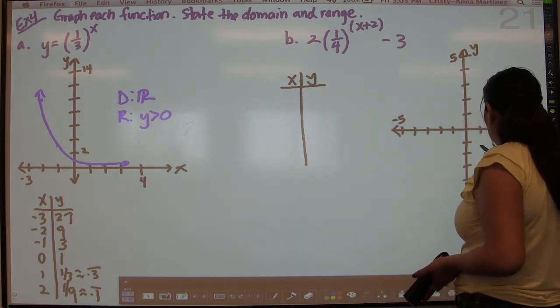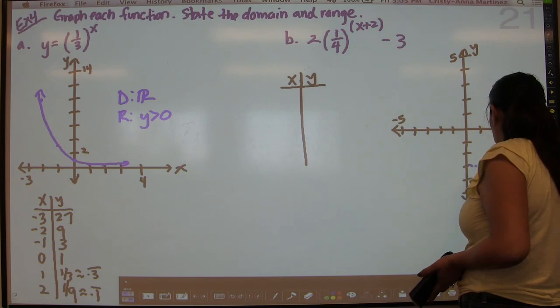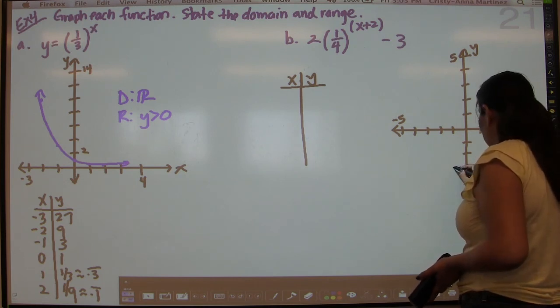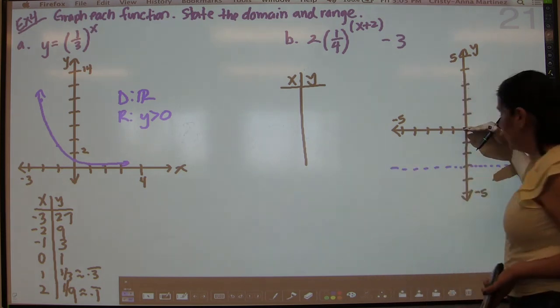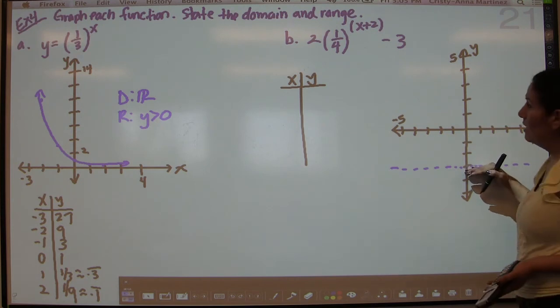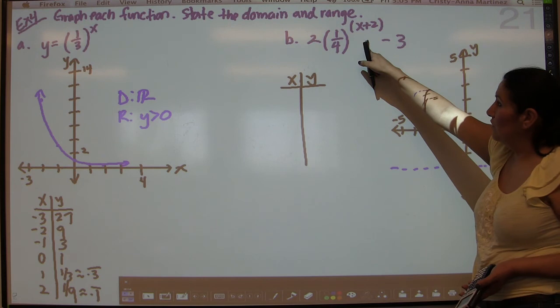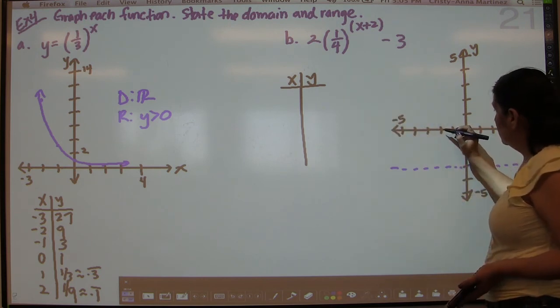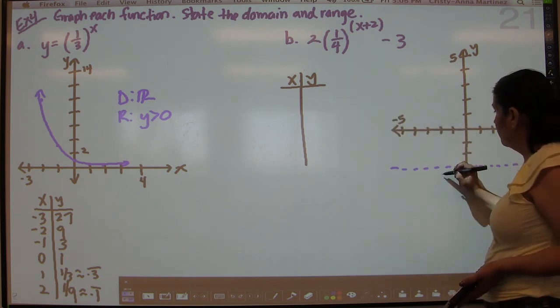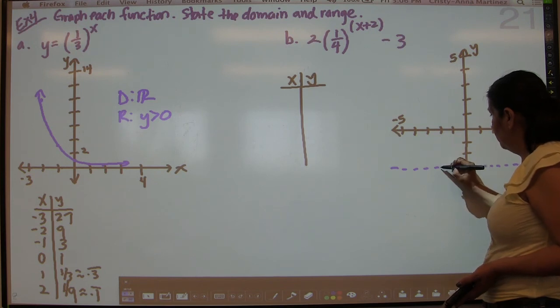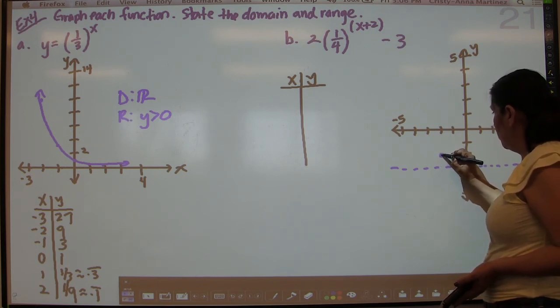So we're going by ones here, so 1, 2, 3. So we're going to have our asymptote move from the x-axis at 3 units down. And this x plus 2 is going to shift our graph 2 units to the left. So somewhere over here is going to be my origin now. So that's going to be my point right there.